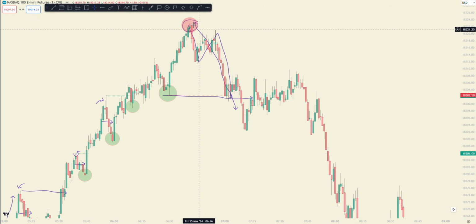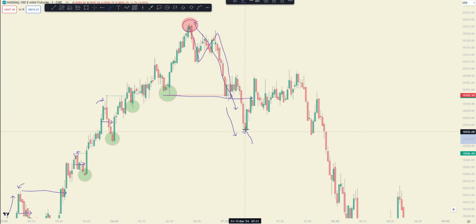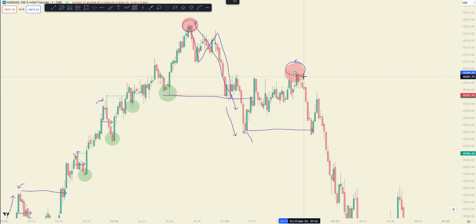Why? Because we broke structure. So this is our protected high in the red circle. And as we trade down, we trade up, we establish a valid low, we trade up, and then once we close below this, we now have established a protected high here.